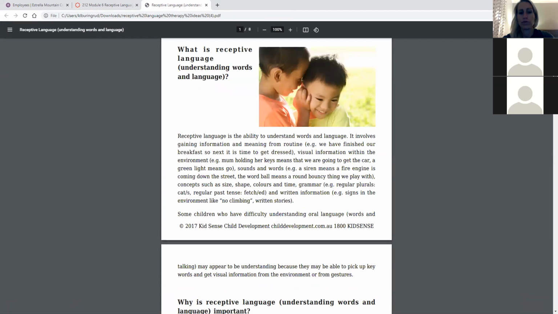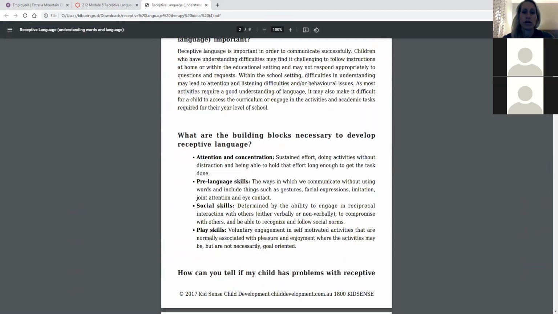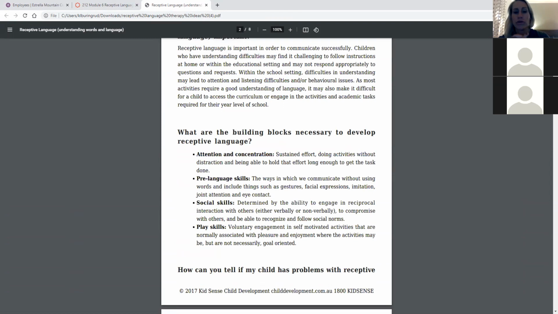so this reviews receptive language, understanding words. So, a quick review of the building blocks. Some building blocks to develop receptive language is attention and concentration. Generally speaking, and this is a gross stereotype or statement, of course every situation and person is a little bit different, but truly, I cannot stress enough, attention is that building block of language.